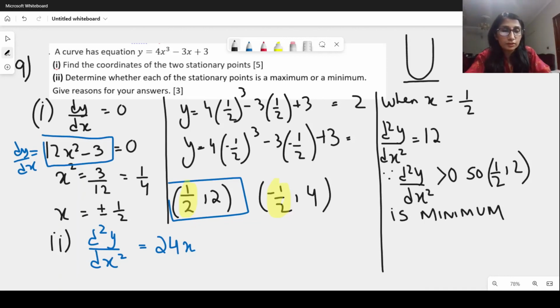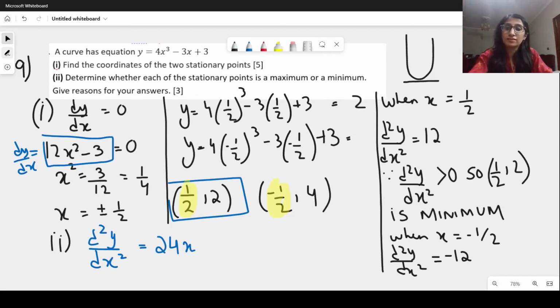And when x is equal to minus half, the second derivative is going to be 24 times minus half, which is minus 12.